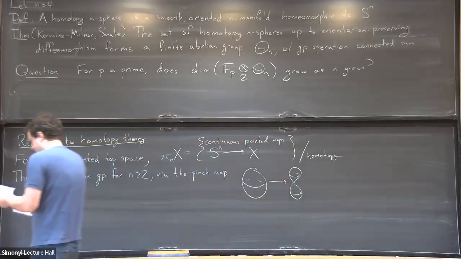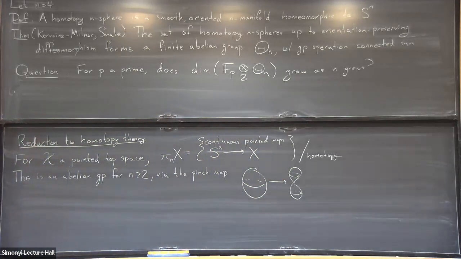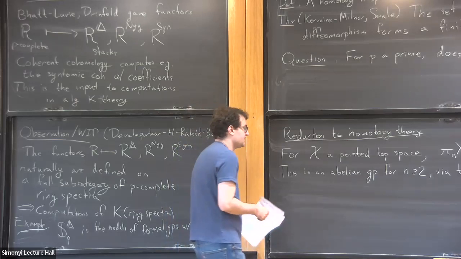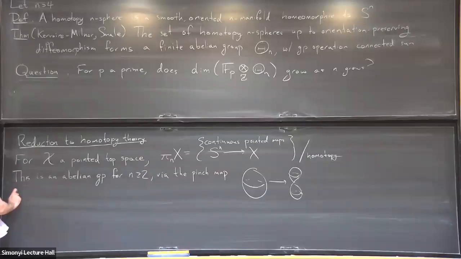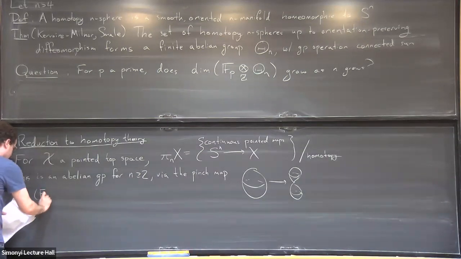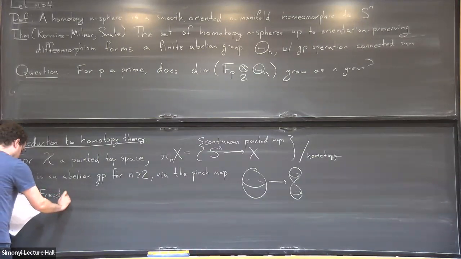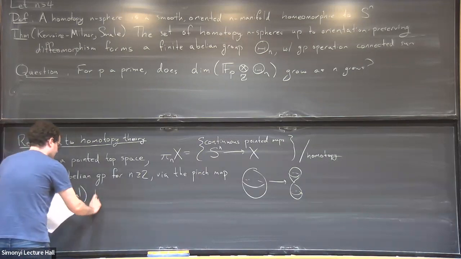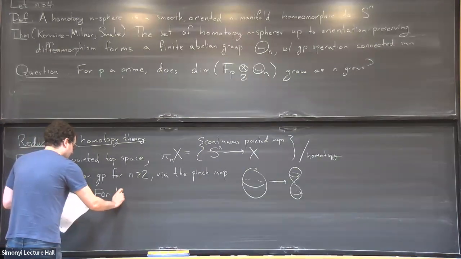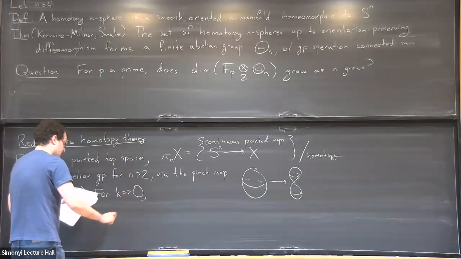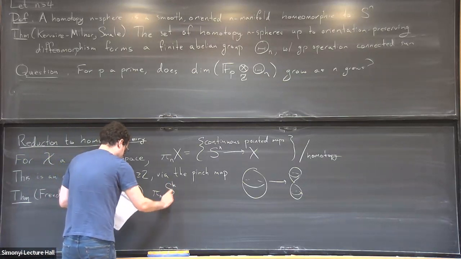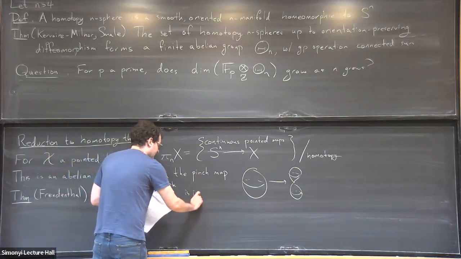And so one might wonder about these abelian groups, but in general they're a little chaotic. There is a nice theorem for this. It says that for k sufficiently large, pi_{n+k} of S^k is independent of k.